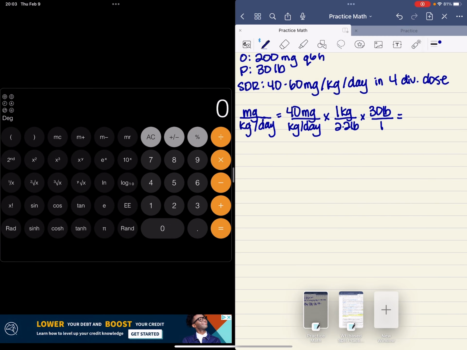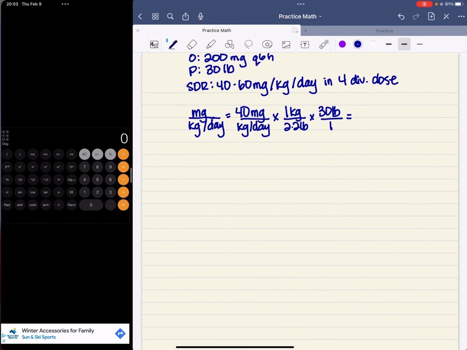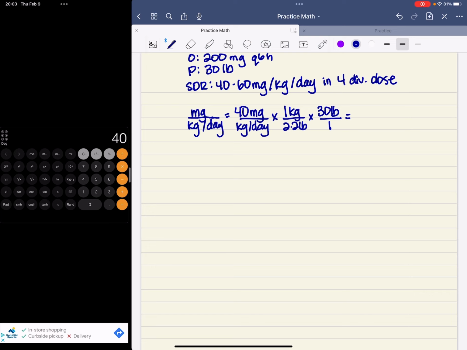Okay, now let's do our math. So 40 times 30 equals 1200 over 2.2. Now if you want to cross out, I just didn't cross out, but you could start crossing out.